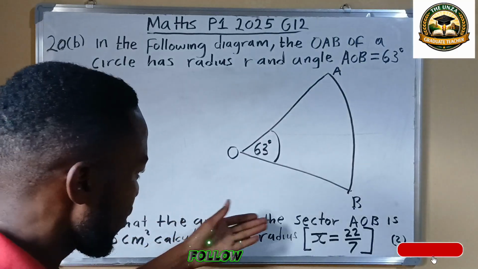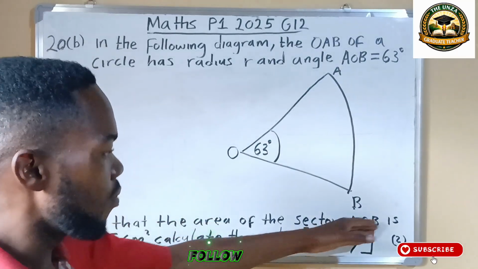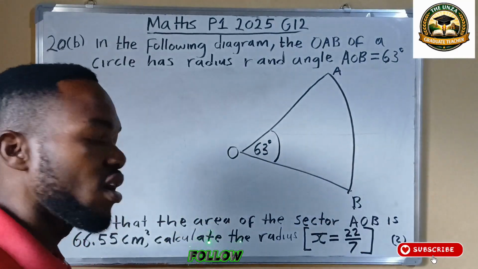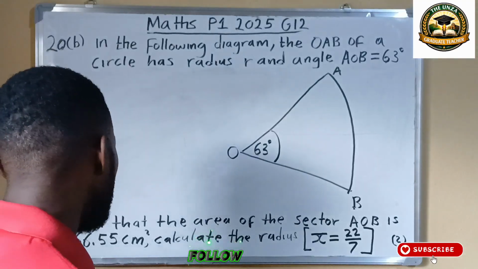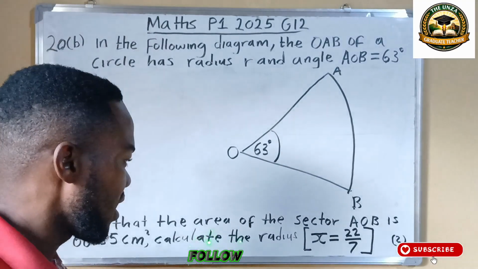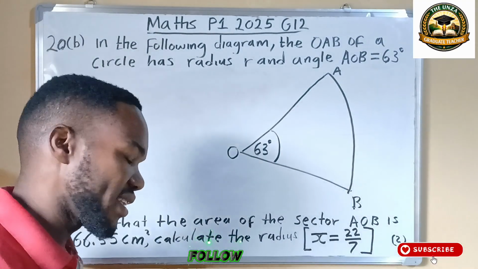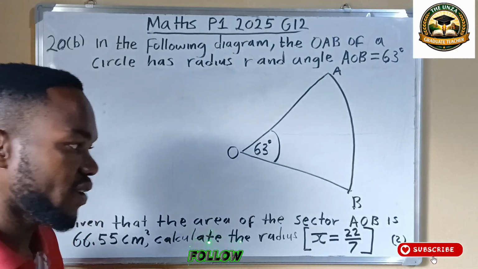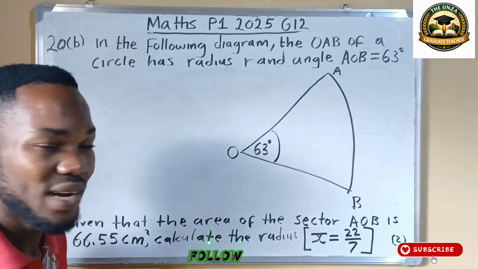Given that the area of the sector AOB is 66.55 centimeters squared, calculate the radius given that pi is equal to 22/7. This question was a 2 marks question.